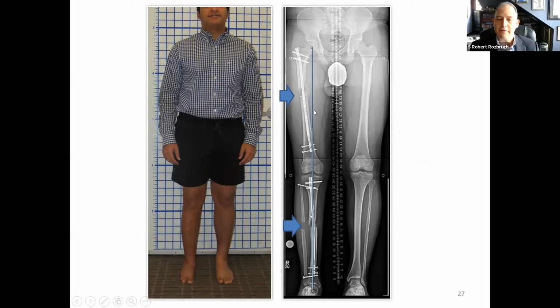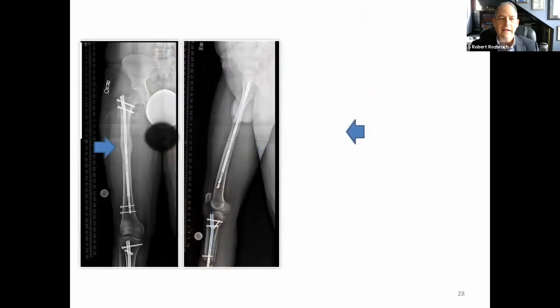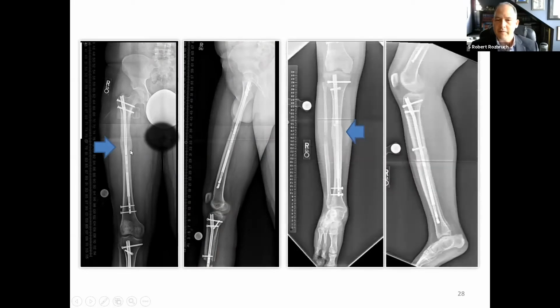The alignment has been corrected, and the blocking screw has guided the nail to accomplish the intended correction of the valgus deformity. His pelvic obliquity has been corrected, and this shows the progression of consolidation in the femur and in the tibia, both of which healed really, really nicely.